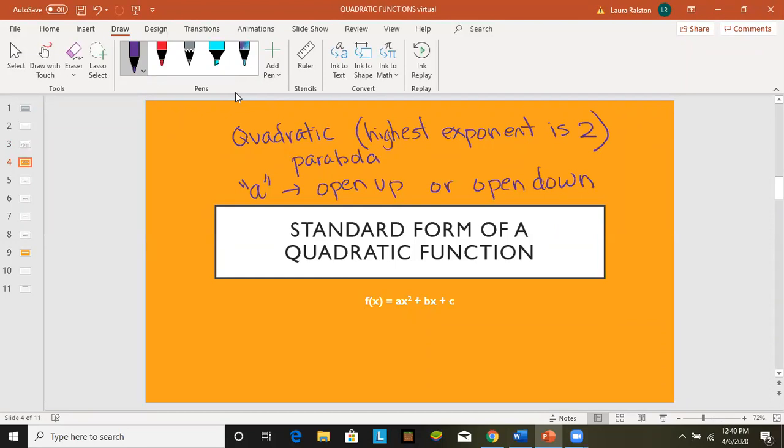But looking at this standard form of a quadratic function, I can't really tell you anything else. I cannot tell you anything about the key points, or at least the key point of the vertex. I cannot look at this standard form of the quadratic function and tell you the vertex. So that becomes a little bit of a challenge.